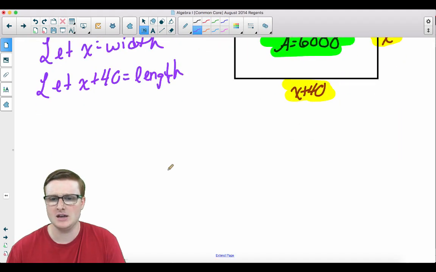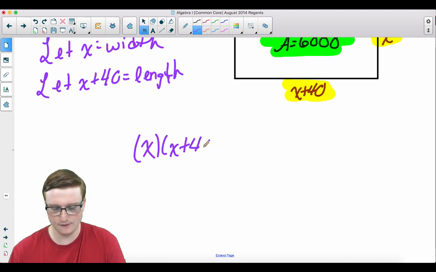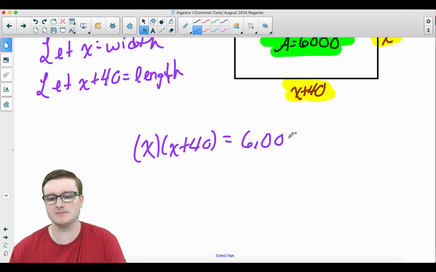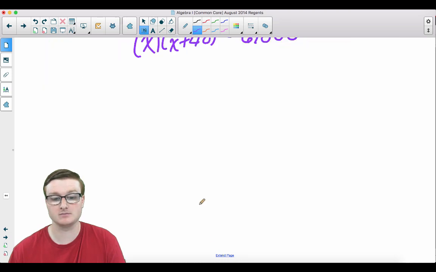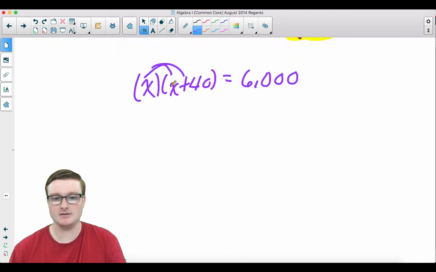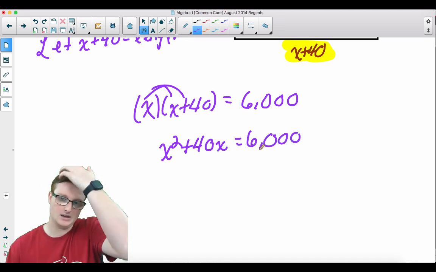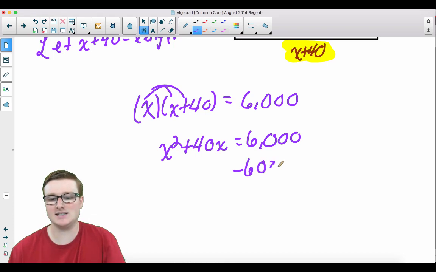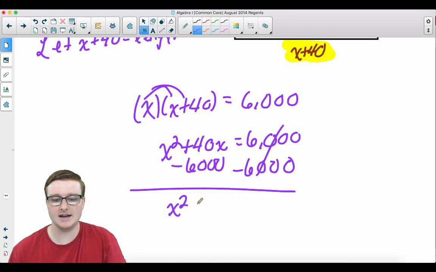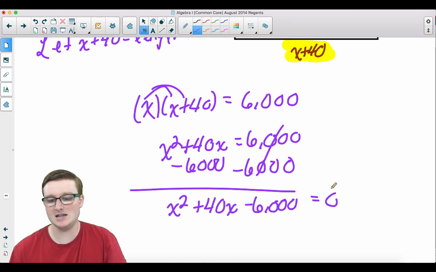Not too bad, right? So x times x plus 40 equals 6,000. You distribute. You then get x squared plus 40x equals 6,000. Now we're going to subtract the 6,000 on both sides. You then get x squared plus 40x minus 6,000, set equal to 0.